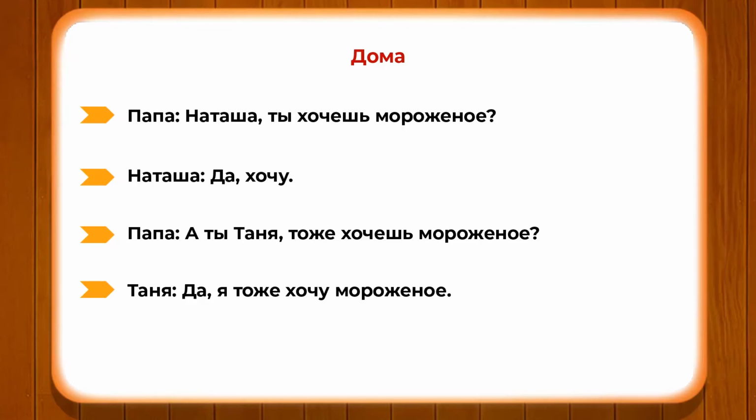So here you have seen the construction. We have the father asking Natasha first, then Natasha is replying, yes, I want. Then the father is asking Tanya about whether she would like to have ice cream. Then Tanya is also answering, yes, she would also want. So these kind of constructions you can also make. It hardly has 3 to 4 sentences, but it is very useful as far as the information is concerned.